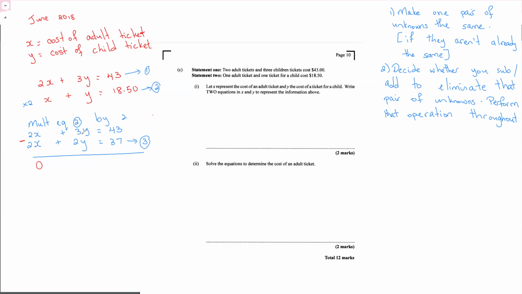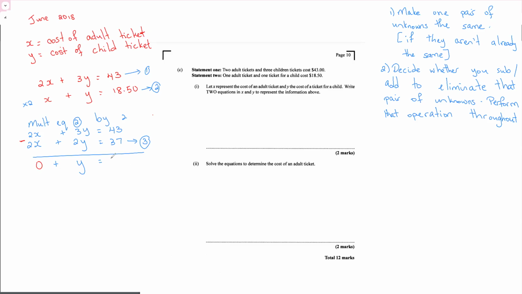Right, so we also have to subtract these. So 3y, take away 2y, that's like 3 mangoes, take away 2 mangoes, that's 1 mango or 1y. But we do not have to put the 1 because it's understood. And then 43, take away 37.